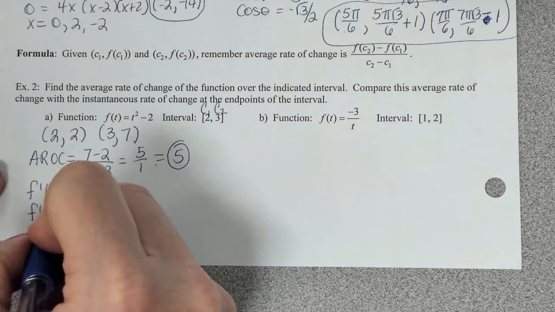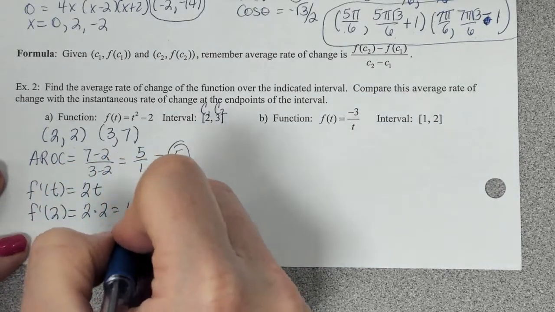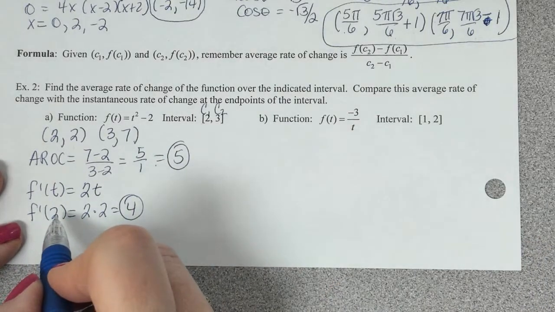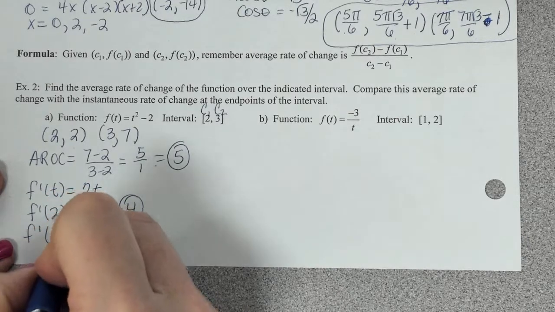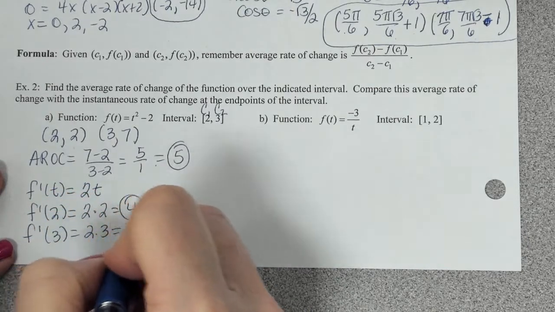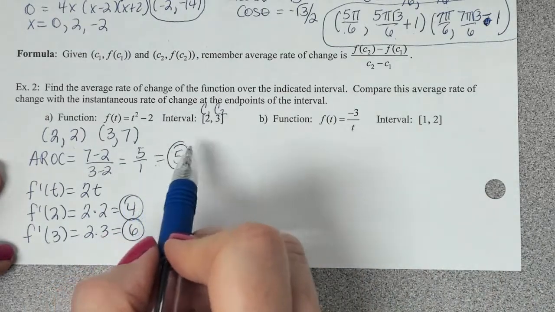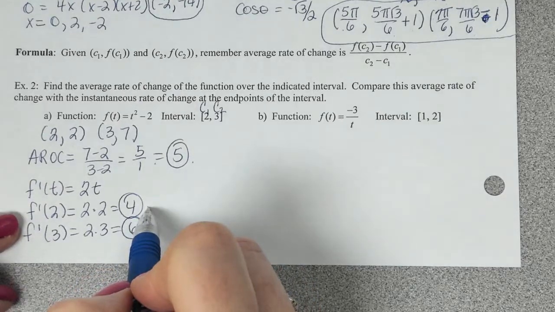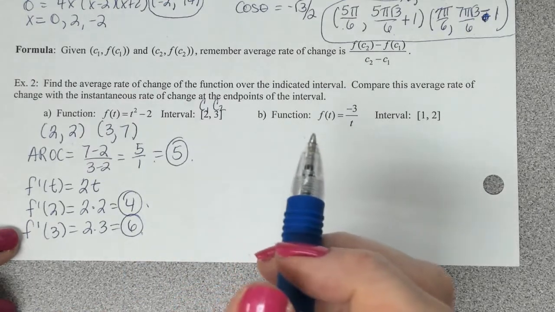So f prime of 2 is what that would be. 2 times 2 is just 4. That's our instantaneous rate of change at 2. And then f prime of 3 is going to be 6. So this is the average rate of change over the interval. This is the instantaneous at the first endpoint, instantaneous rate of change at the second endpoint. Questions?